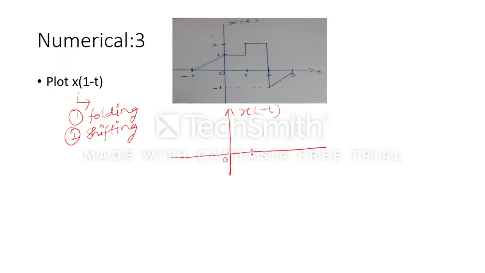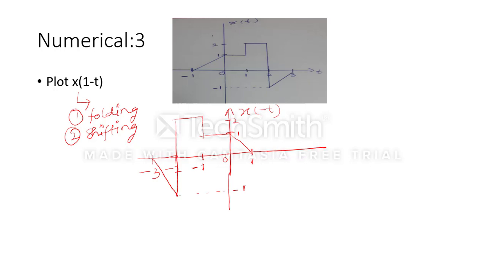We have to be very careful while plotting the mirror image. This will come at minus 1, this is minus 2, minus 3. So the magnitudes are 1 and 2. It will go straight up to minus 1, and it will touch minus 3. So this is my x of minus t.